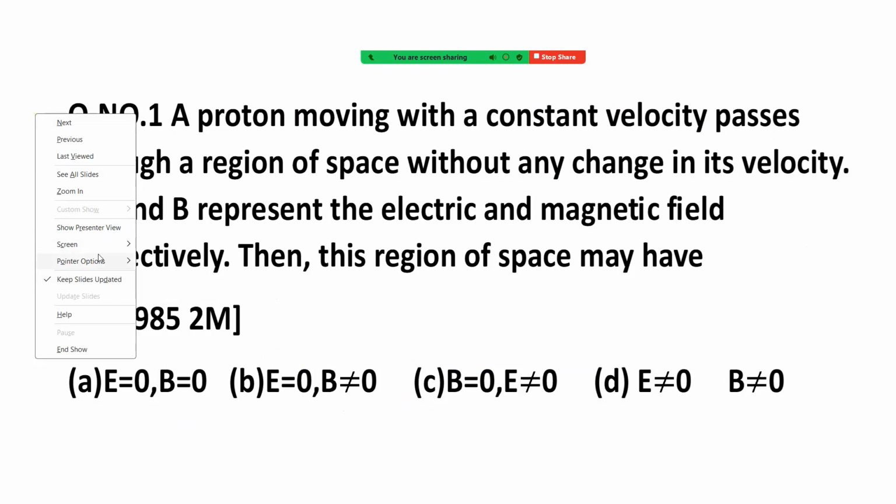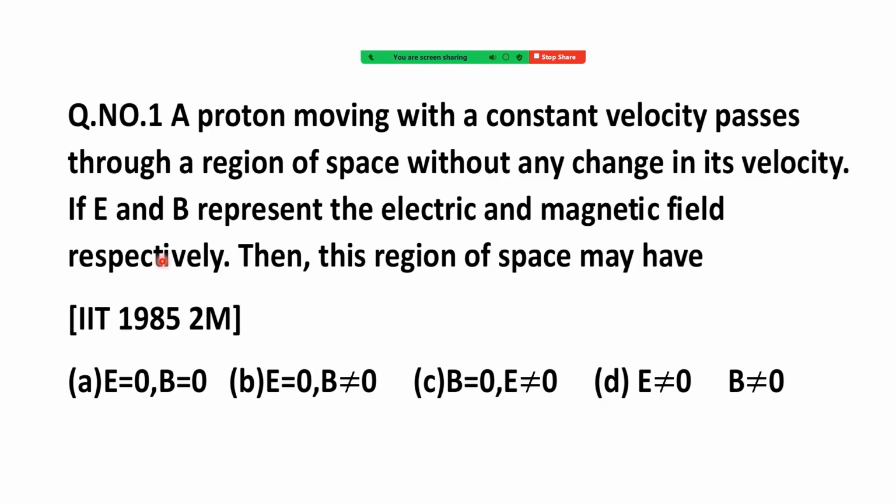See the first problem. This is asked for 2 marks in 1985. A proton moving with a constant velocity passes through a region of space without any change in its velocity. Its meaning is velocity not changing.